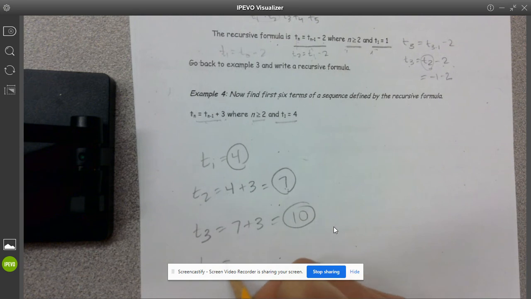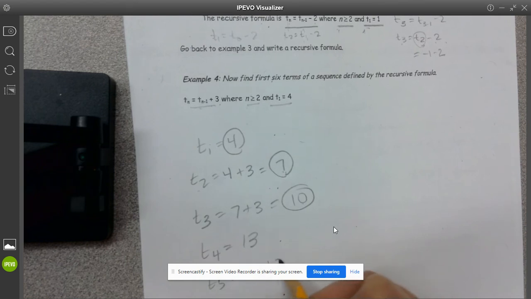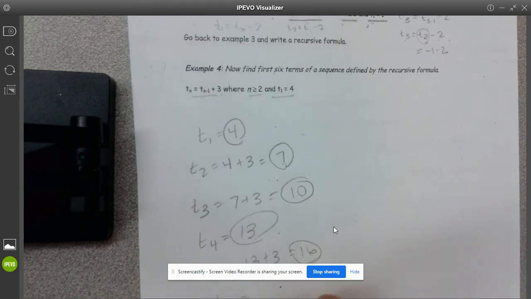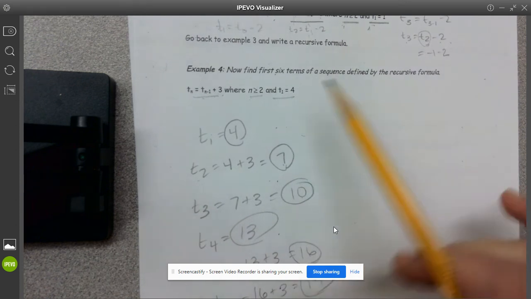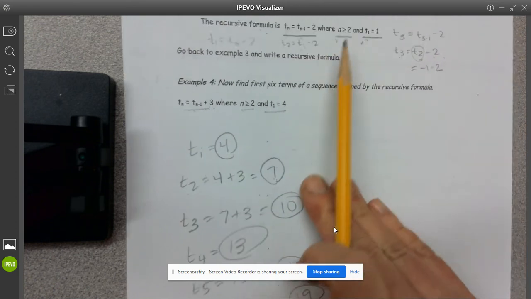The fourth term is the third term plus 3. The fifth term is the fourth term plus 3. The sixth term is the fifth term plus 3. So did I go by 3s every time? 4, 7, 10, 13, 16, 19? Yes. Okay, so that's recursive formula, reoccurring.